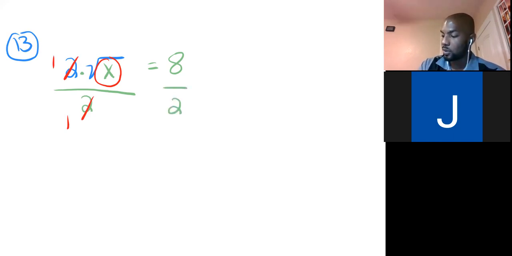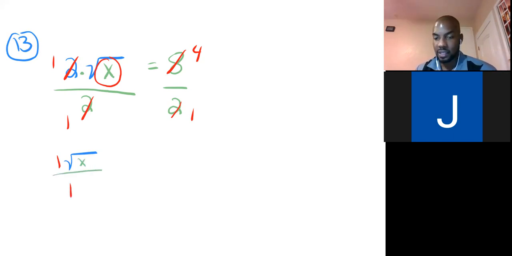8 divided by 2 is 4. This leaves me with 1 times rad x over 1. But because 1 times anything is itself, this becomes rad x.